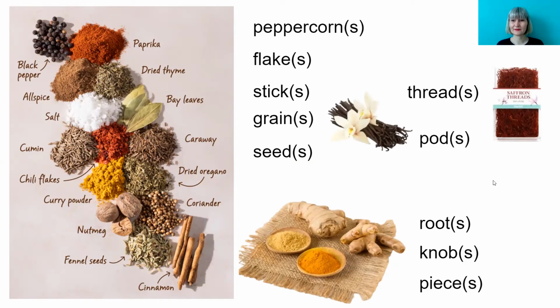So these are vanilla pods, vanilla beans or vanilla pods. Стручки ванили. And the last one, clove. Clove or cloves – это как раз вот эти соцветия гвоздики, гвоздички. То есть clove может быть зубочек или вот гвоздичка, такой вот цветочек, cloves. All right.